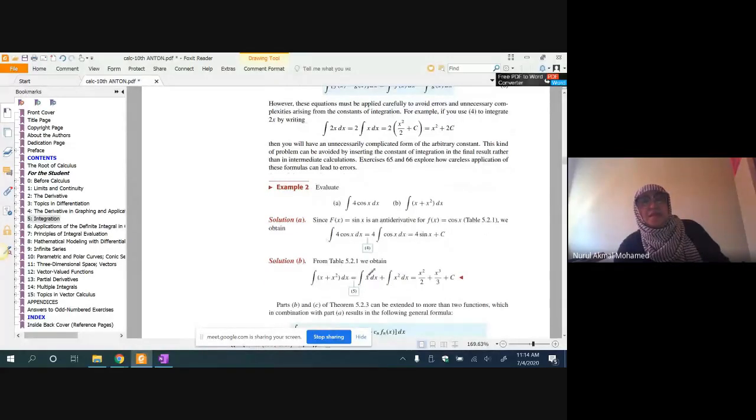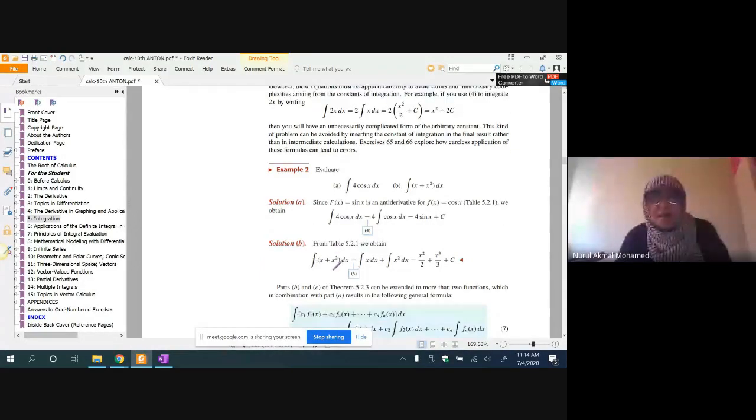Integration of x will be x squared divided by 2. Integration of x squared will be x cubed divided by 3. And then, of course, you have to add plus c because this is the indefinite integral, which is the integral without the upper and the lower limits.